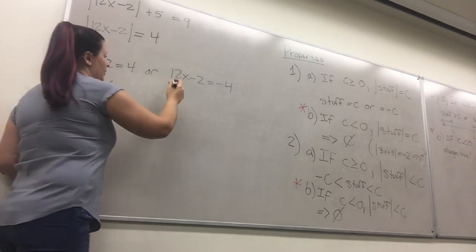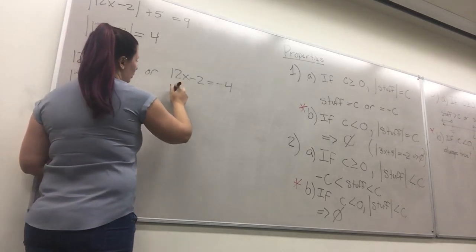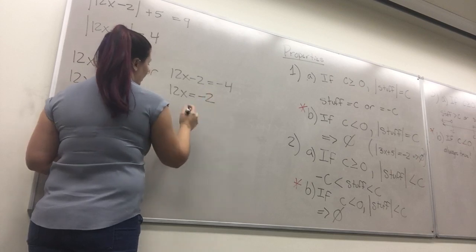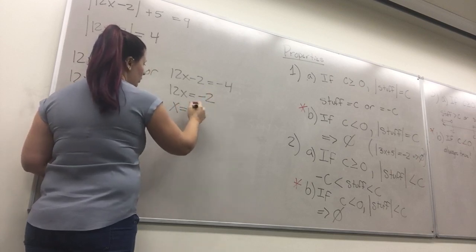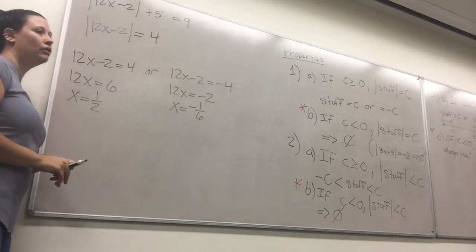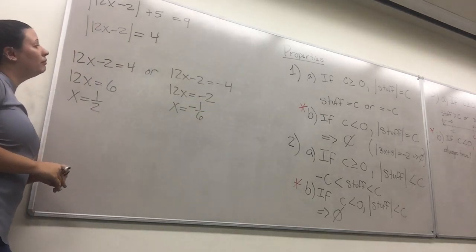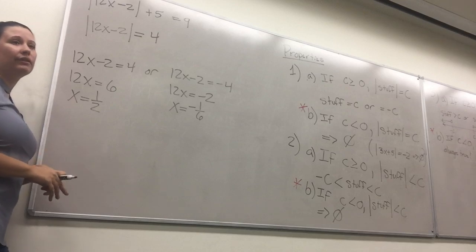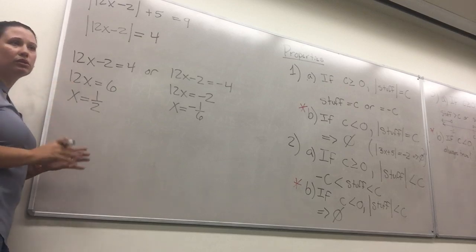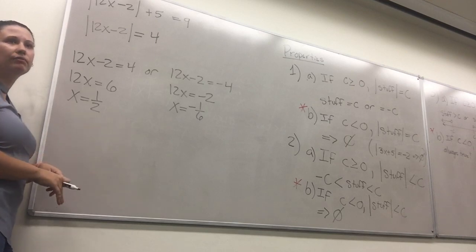Then on this side, do the same thing, add the 2, so 12x is equal to -2, divide by 12, we get x is equal to -1/6. That's it, right? Again, we should check, but we'll just move on from here. Okay?